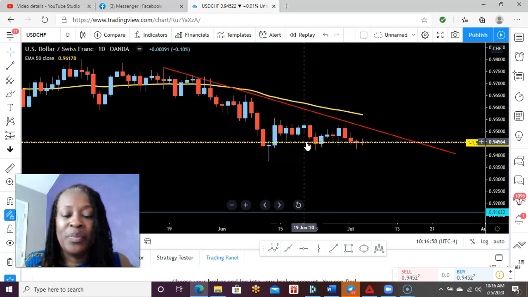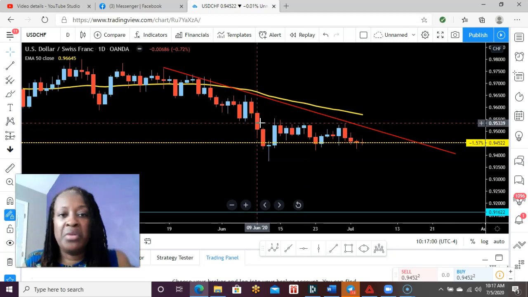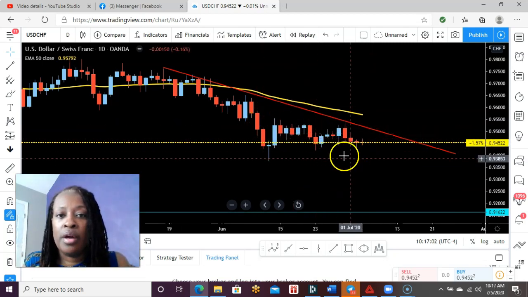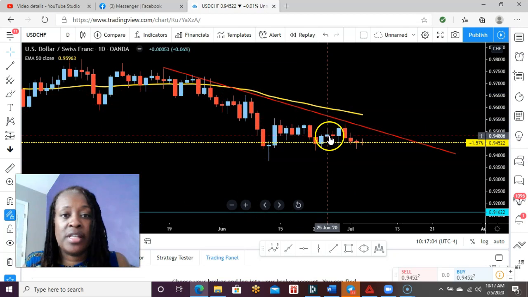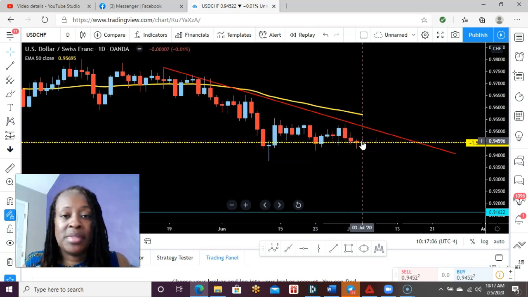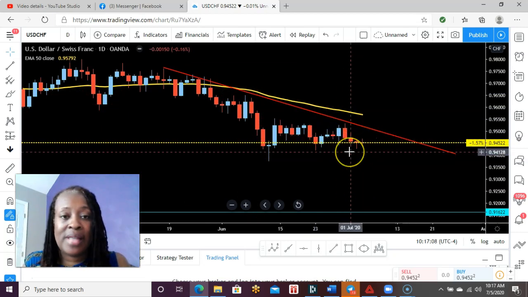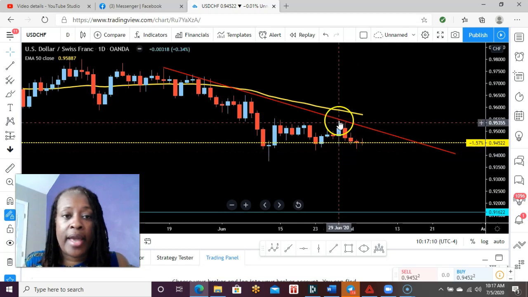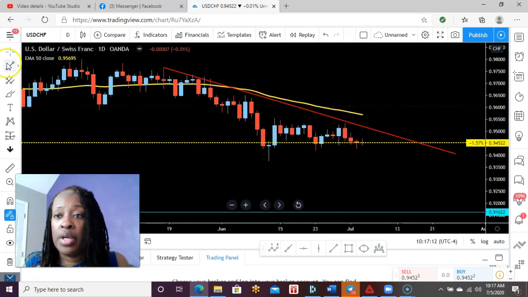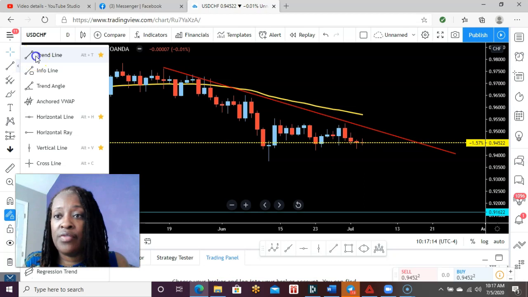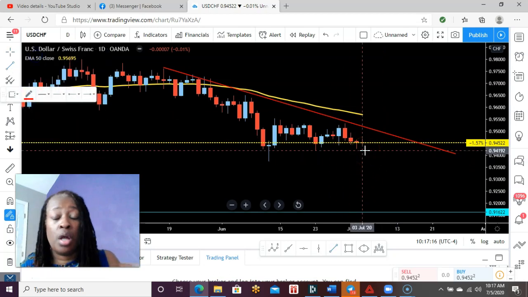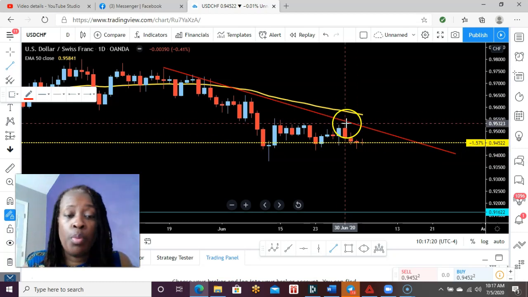There's nothing else to do here. We confirmed that the bearish trend is still solid on the daily, and we're still going down. You can even put a trend line if you can identify another small trend within the big trend. If you can identify that, then point it out.